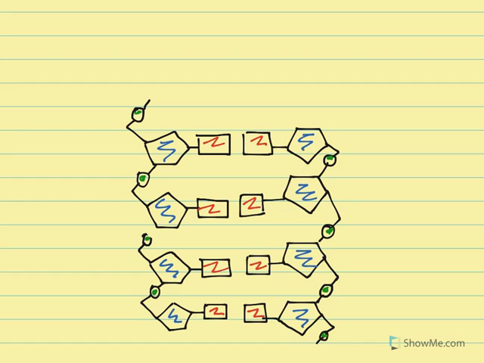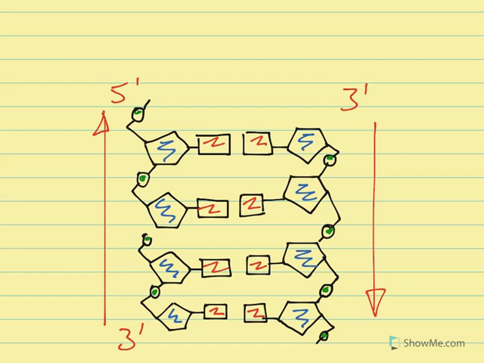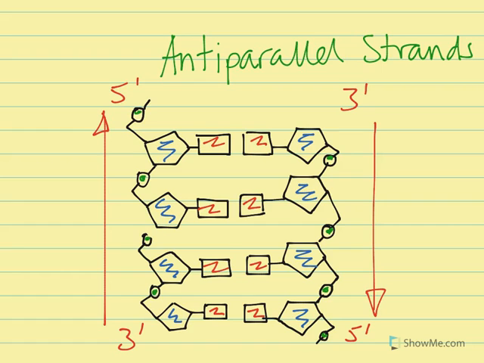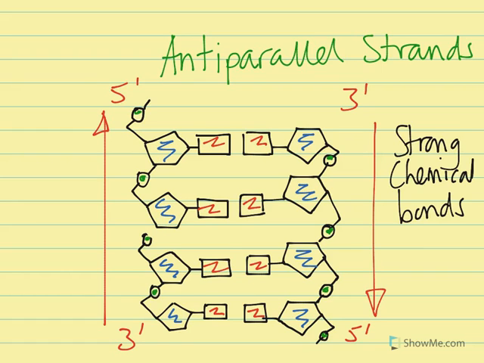Now what you see about these two complementary DNA strands, strands of nucleotides, is that one of the strands seems to run in that direction from the 3' end to the 5' end, and the other strand seems to be upside down, running in the opposite direction. So the 3' end would be up there and the 5' end down there. Because of that arrangement in the DNA molecule, we say that the two complementary strands are anti-parallel strands.